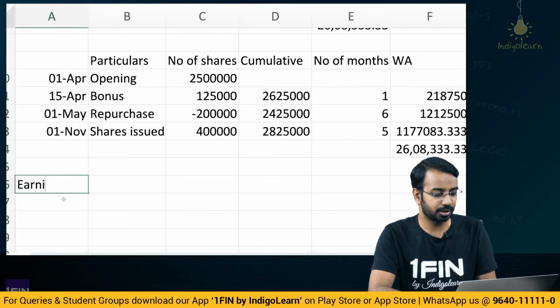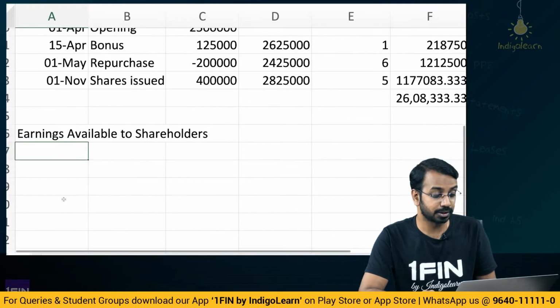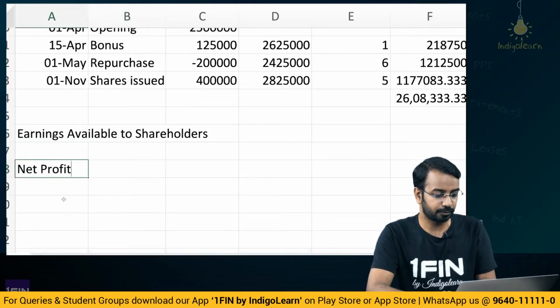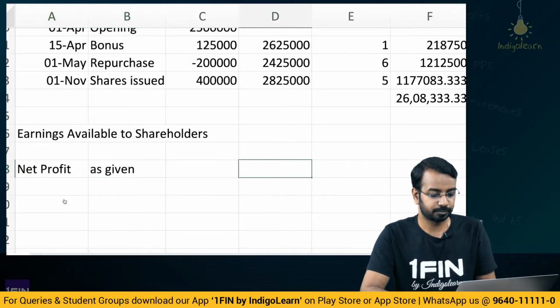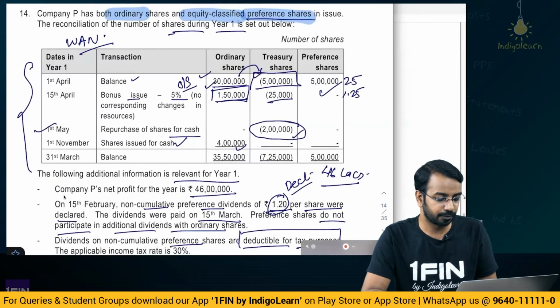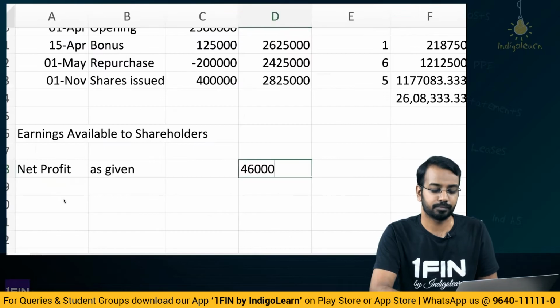Now, we need to calculate earnings available to shareholders. What is the earnings available to shareholders? The earnings available to shareholders is net profit as given. How much is the net profit given? 46 lakhs.